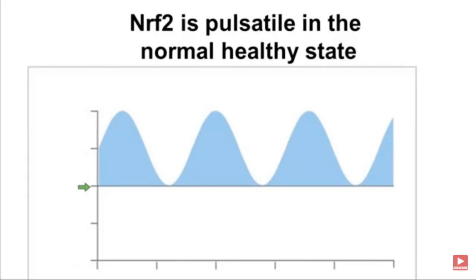Well, the argument on the other side is that if you have a cancer and the cancer has caused mutations in KEAP1 and Nrf2 so that the Nrf2 is turned on all the time, you can't make that Nrf2 be turned on anymore if it's already fully on. So it's like if the gas pedal is all the way to the floor, you can't push it any farther. You can't push it through the floor. And I'll talk a little bit more about cancer later in the discussion here tonight. But there's some controversy about cancer.